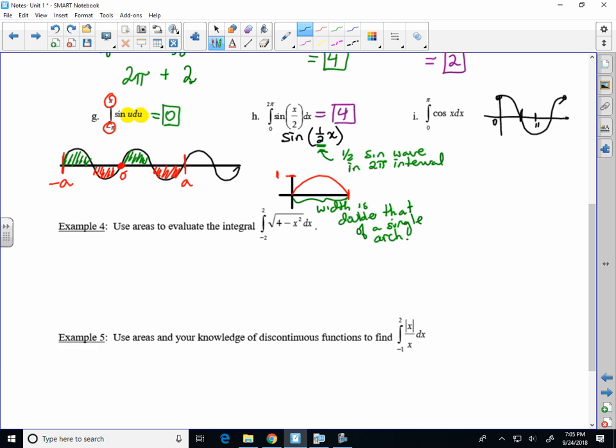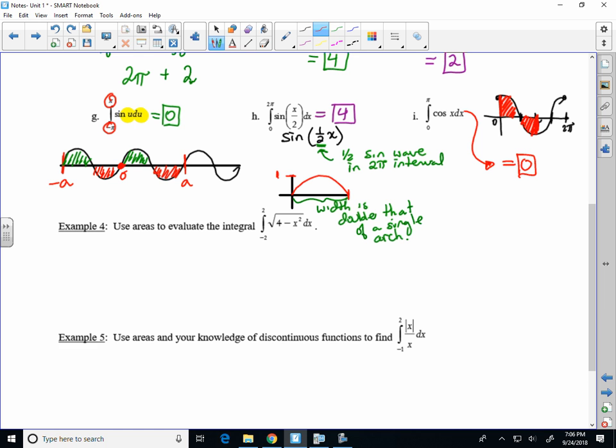Here's pi. 3 pi over 2, and then we end at 2 pi. So you just need a sense. If I'm going from 0 to pi in this cosine graph, I'm looking at this interval and this interval. What do I get? Get 0, yeah.